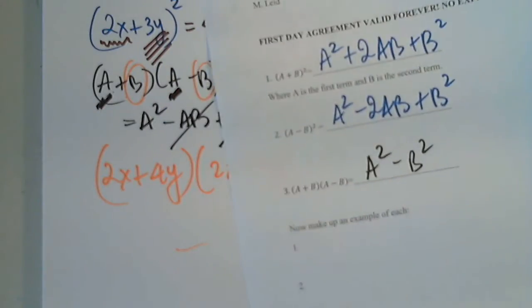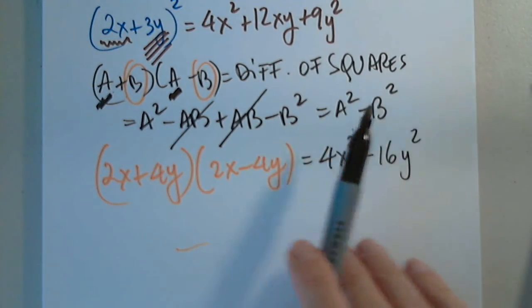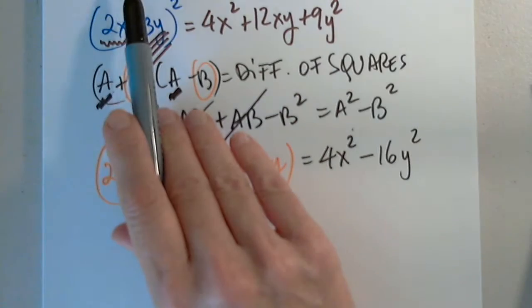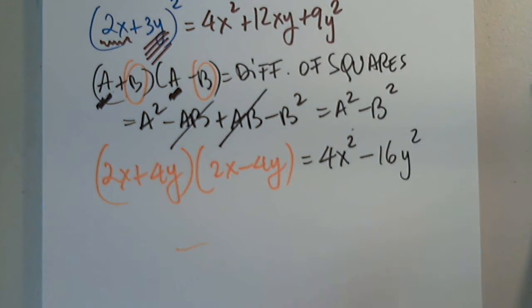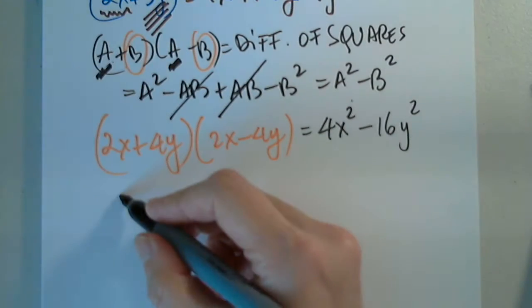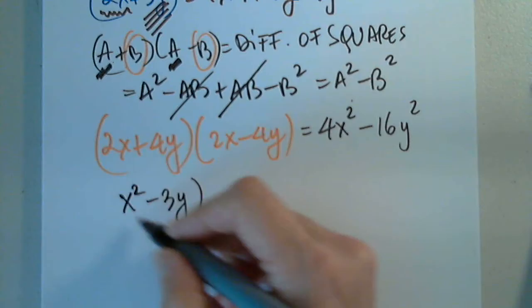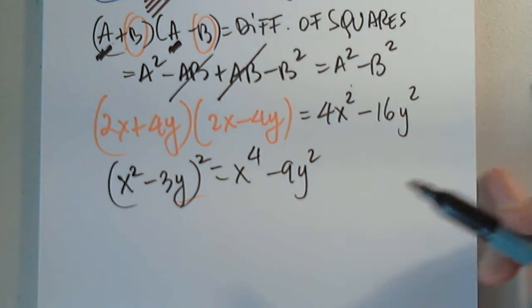So from here we remember that the difference of squares also factors into a plus b, a minus b. Also, we have to remember moving forward that a binomial square is a trinomial. Because I still have students who say that x squared minus 3y squared is x to the fourth minus 9y squared.